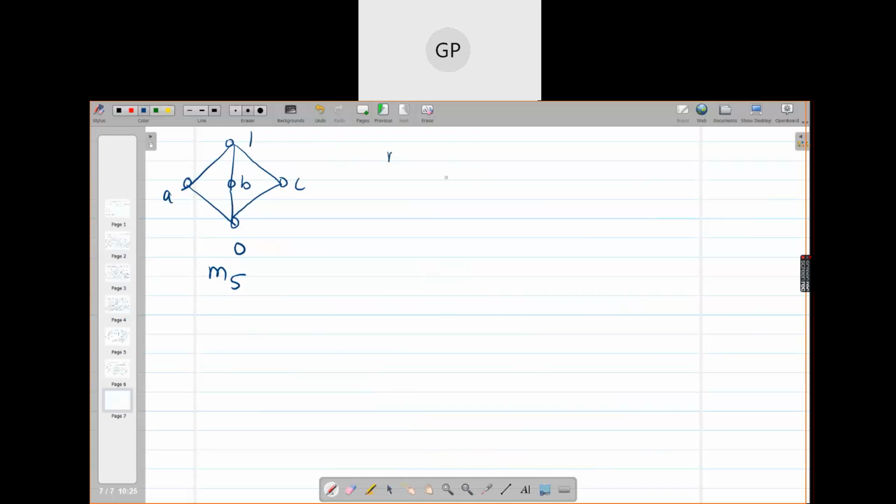So we should know the examples which satisfy the property and which do not satisfy the property. M5 is a non-distributive lattice. And N5 is also a non-distributive lattice.